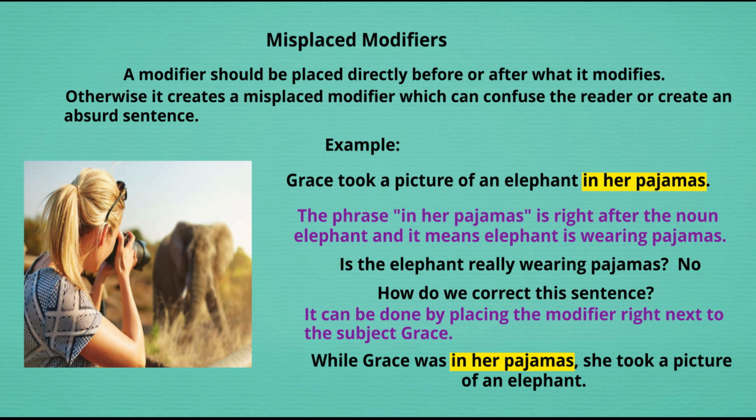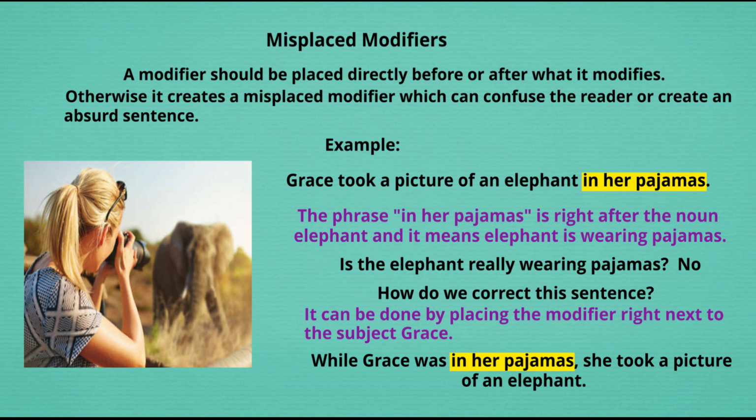Let's see another example here. In the image, you can see a girl clicking a picture of an elephant. Grace took a picture of an elephant in her pajamas. So, the phrase in her pajamas is a prepositional phrase, right? Yes, it is. So, this phrase is just right after the noun elephant.